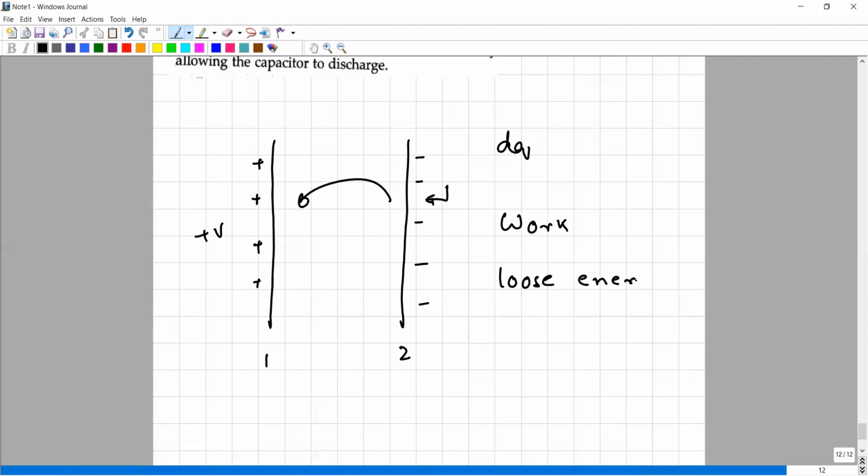You know that whenever work is done by an entity, the one who is doing the work is going to lose energy. And according to the conservation of energy, that energy which is lost by the external entity, where did that energy go? That energy will go to the energy of this capacitor.